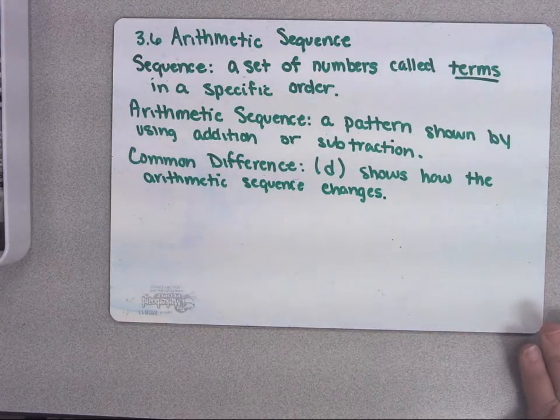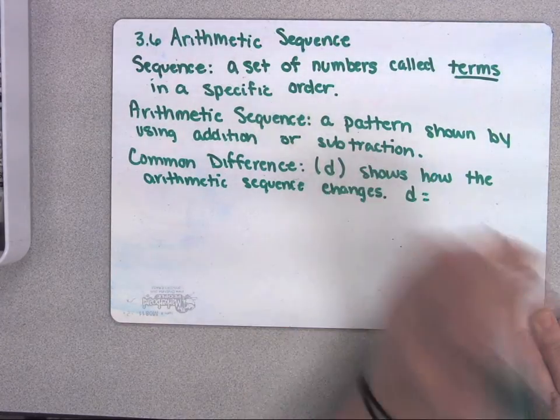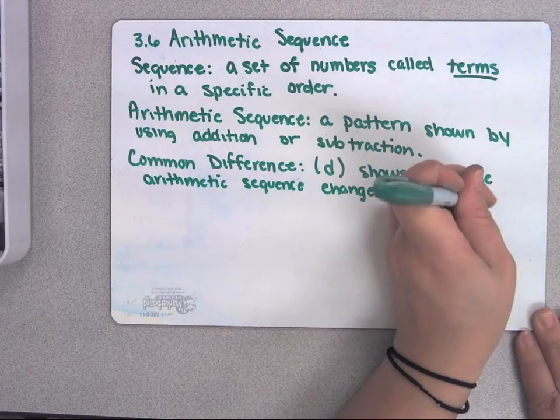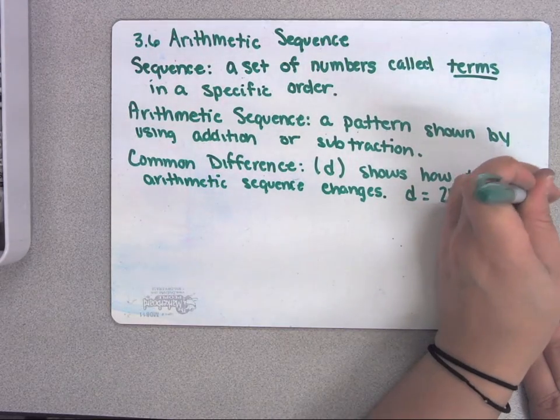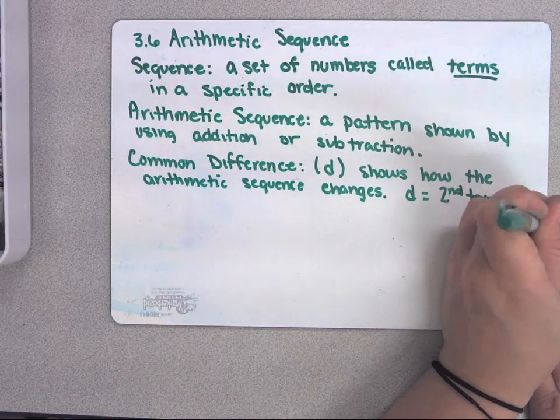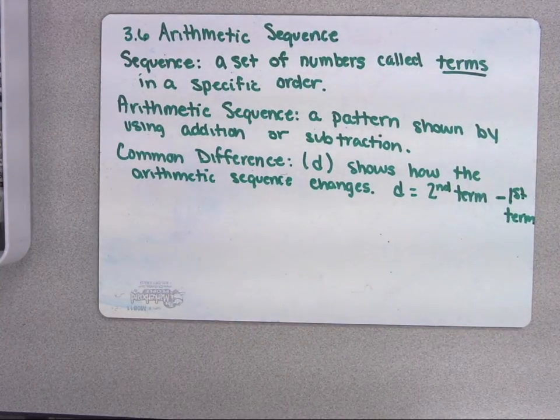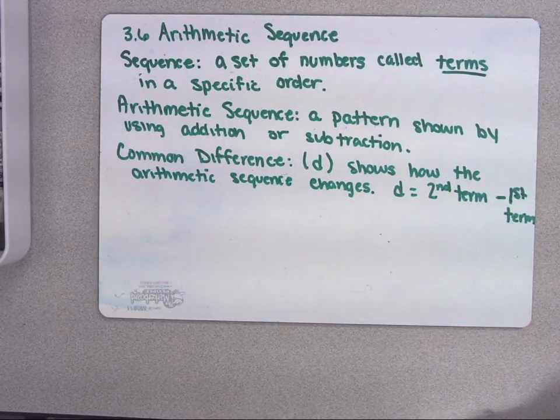What I mean by this is, to find d, you're going to say d equals your second term minus your first term. If you can't figure it out by looking at it, you always take the second number minus the first number, and it'll tell you the answer. If it's a negative, you write minus 4 or negative 6 or whatever it is. If it's a positive number, you just write d equals whatever it is.